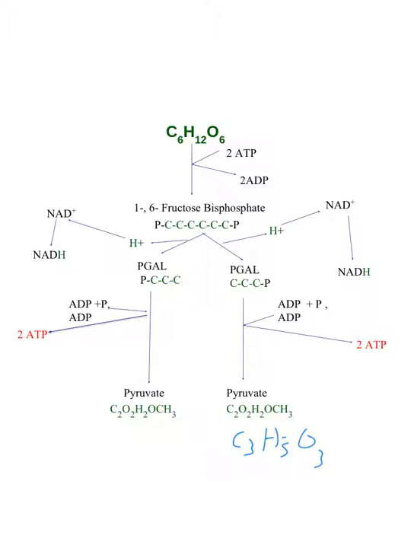And there's another one on this side, so we can multiply all this by 2. And we still end up with 6 of our original carbons, now 10 of our original hydrogens, 6 of our original oxygens. So most of it is accounted for.